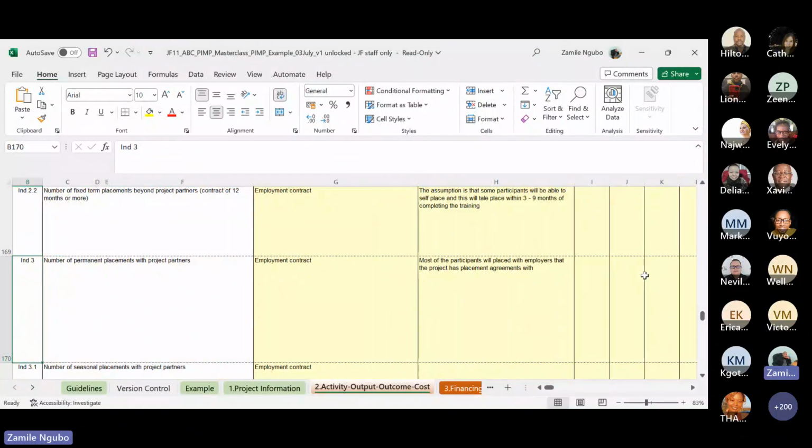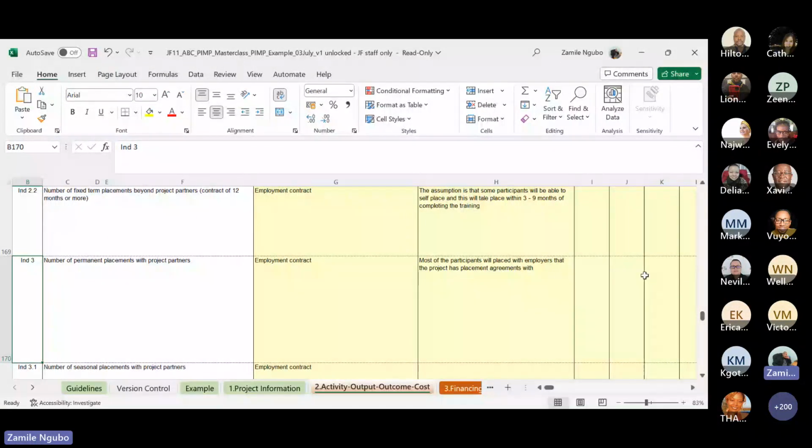So we also have indicator number 3.2, number of fixed term placements with project partners. So these are positions or contract positions of 12 or more months. So it's 233 if you look at the example.